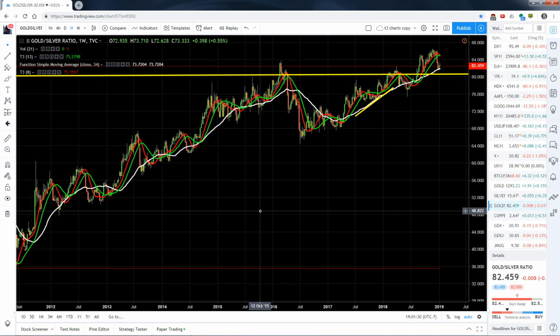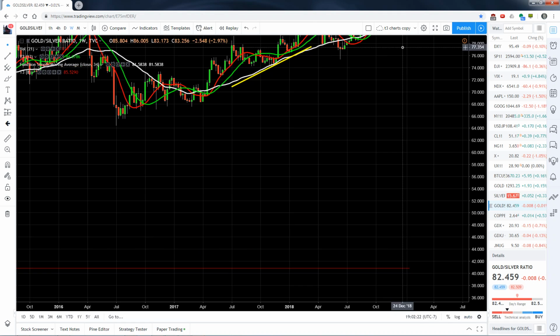What do you think, 100 ounces per 1 ounce of gold? I mean, where's it going to go? It broke previous highs. Is it possible that this is going to go higher? That's crazy. Oh, I can't wait if it does.